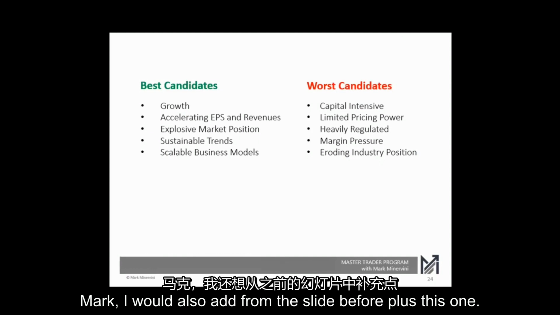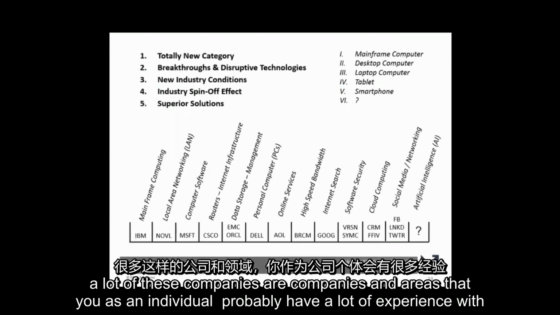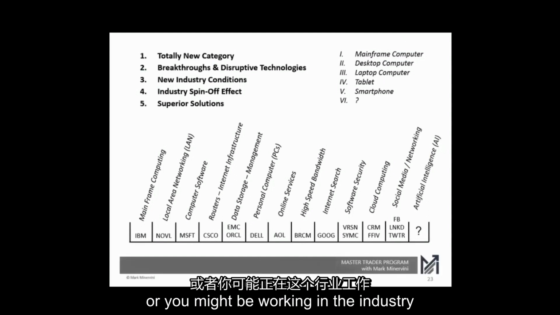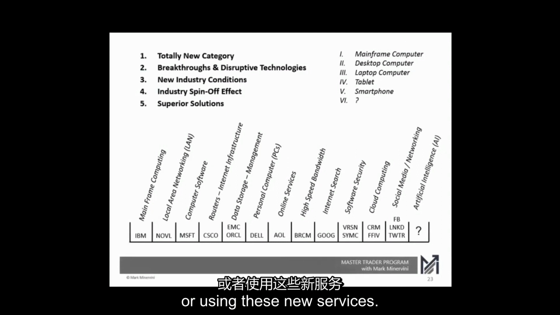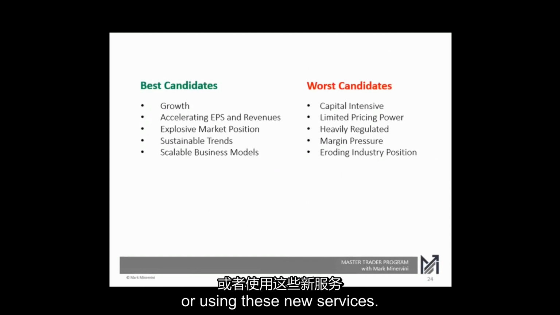And Mark, I would also add, from the slide before plus this one, a lot of these companies and areas are ones that you as an individual probably have a lot of experience with. You might be working in the industry, or you might be buying these new products or using these new services.